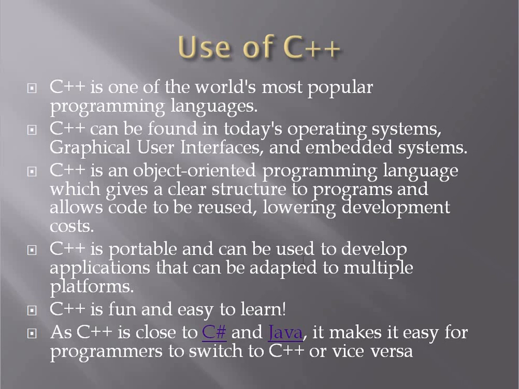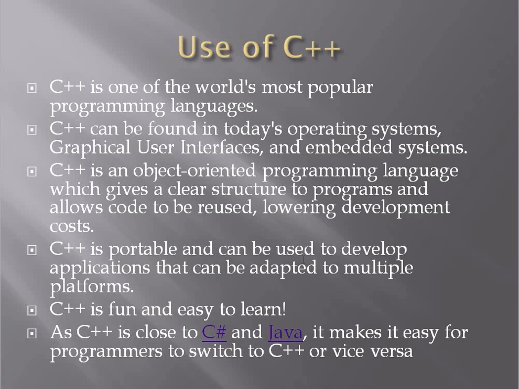C++ is an object-oriented programming language which gives a clear structure to programs and allows code to be reused, lowering development cost. Means by using C++ we can design applications at a very low cost, because the feature of the C++ language is reusing code, like inheritance, polymorphism, virtual functions and constructors.